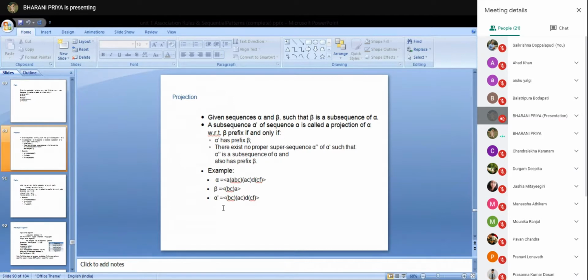So here beta and alpha dash are subsequences of alpha, and alpha dash contains the other subsequence beta as a prefix. Yeah, okay, ma'am. Thank you.